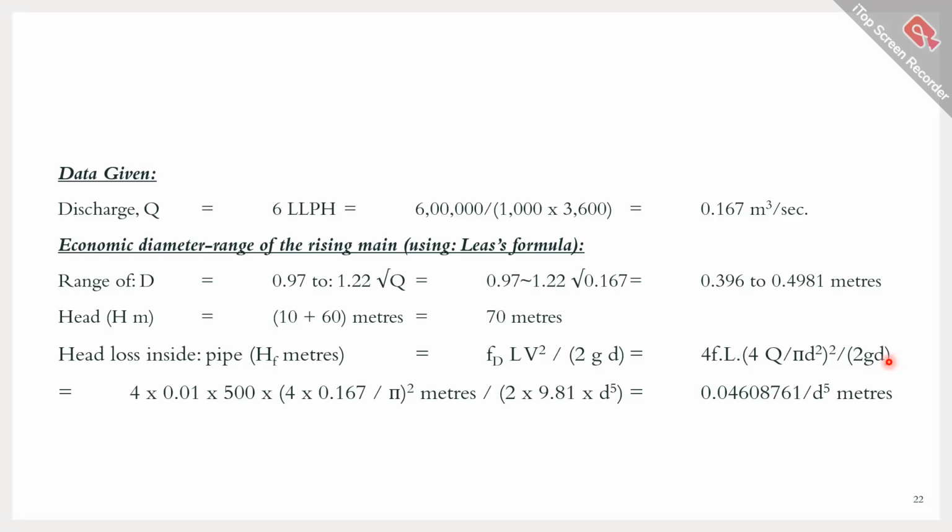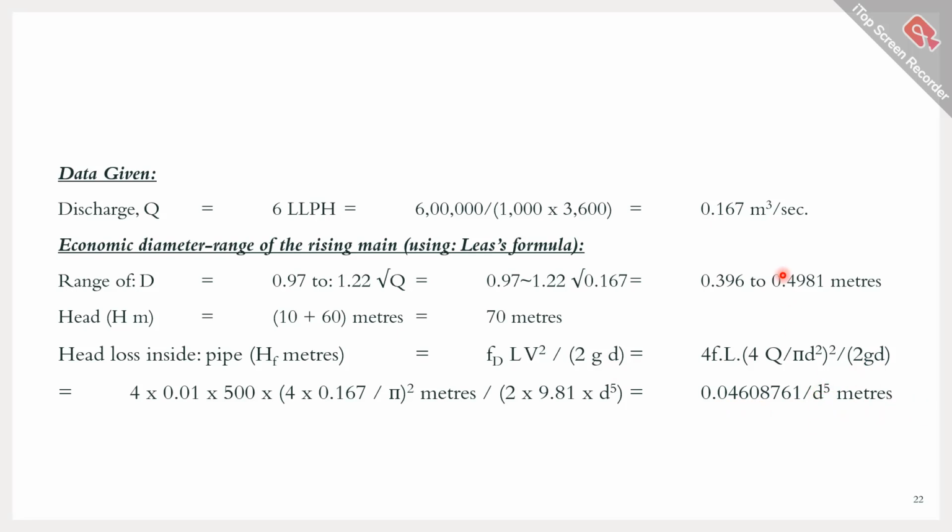D to the power 4 comes into the denominator along with the other D, and it becomes D to the power 5. 2 into g is the gravitational acceleration. All these values are kept the same except D to the power 5, because it has a range. So upon simplification of the entire thing, it gave you 0.0461 divided by D to the power 5 meters.